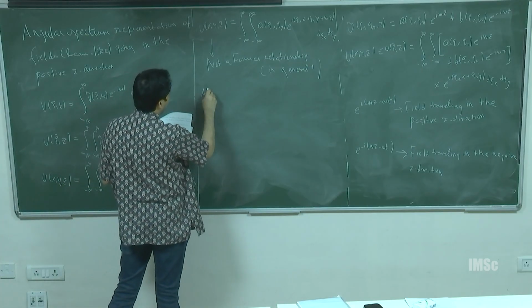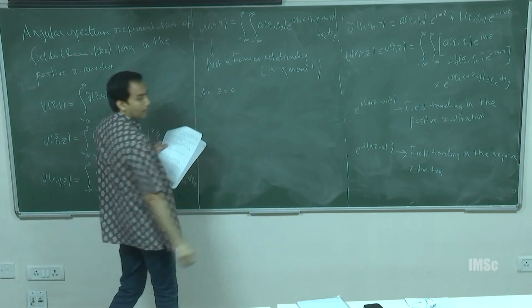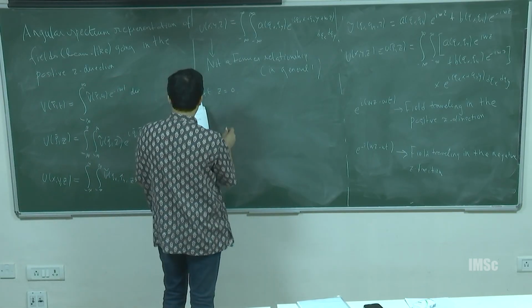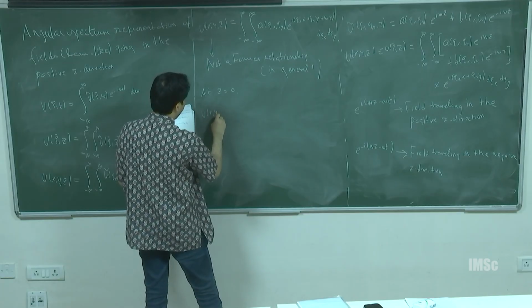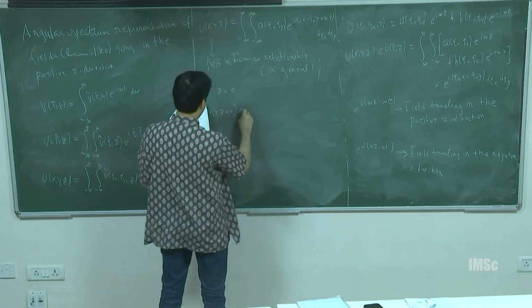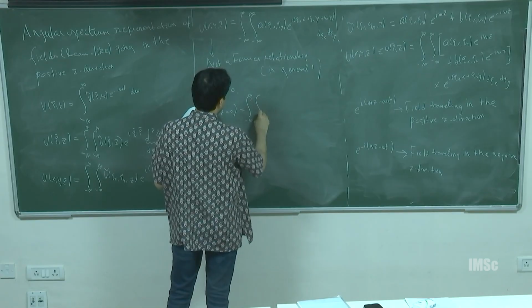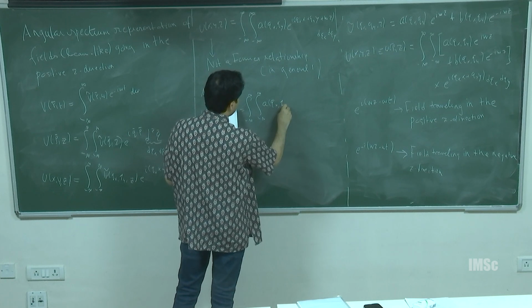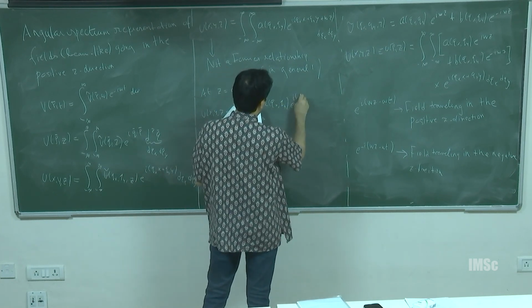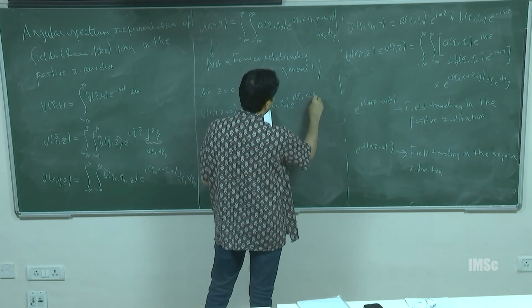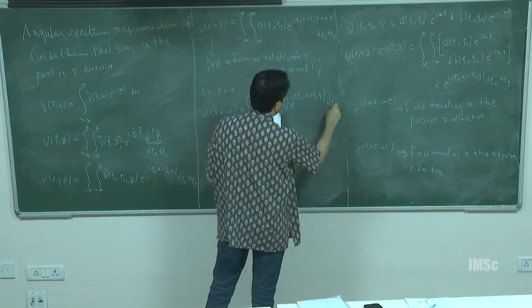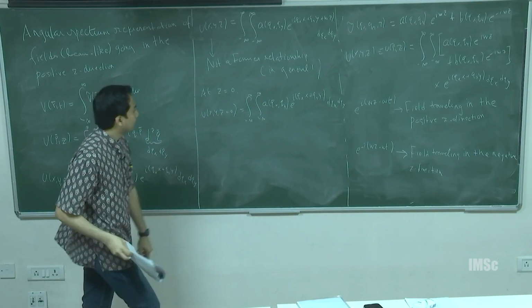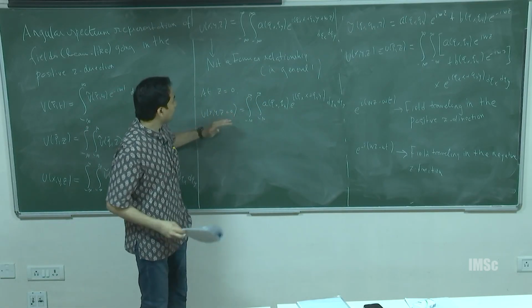However, at z equals 0, if the source plane is at z equals 0, then this is a Fourier transform.